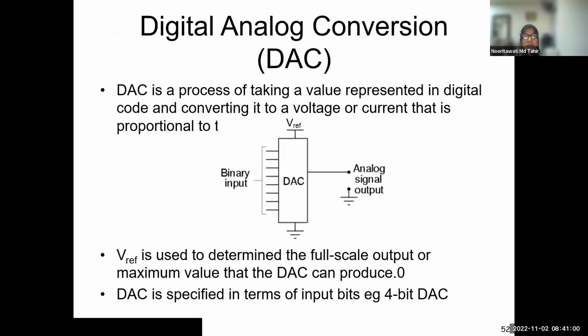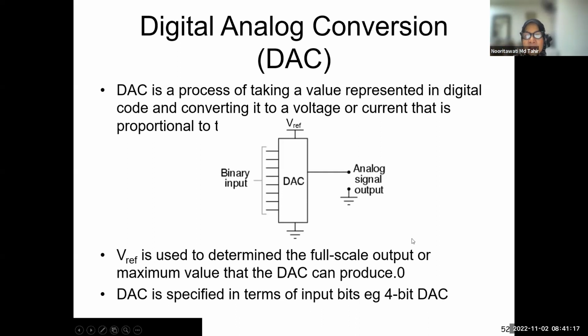Digital to analog conversion is a process where we receive a binary code and convert it to an analog signal. There are two circuits we will look at today that can perform digital to analog conversion.